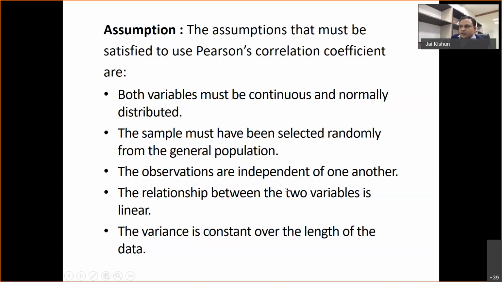These two should be independent of each other. The relationship between the two variables is linear, and the variance is constant over the length of the data. So these assumptions should be met when we are going to apply the Pearson correlation coefficient.